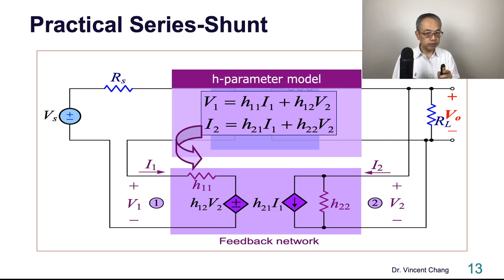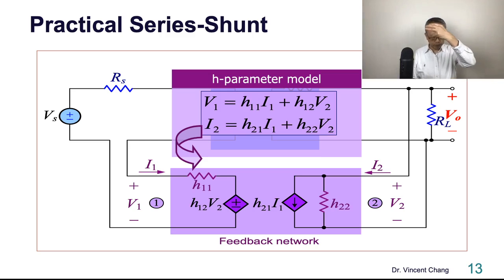For H11, it's the input resistance. For H12, it's the reverse voltage gain. For H21, it represents the forward current gain. H22 is the output conductance.